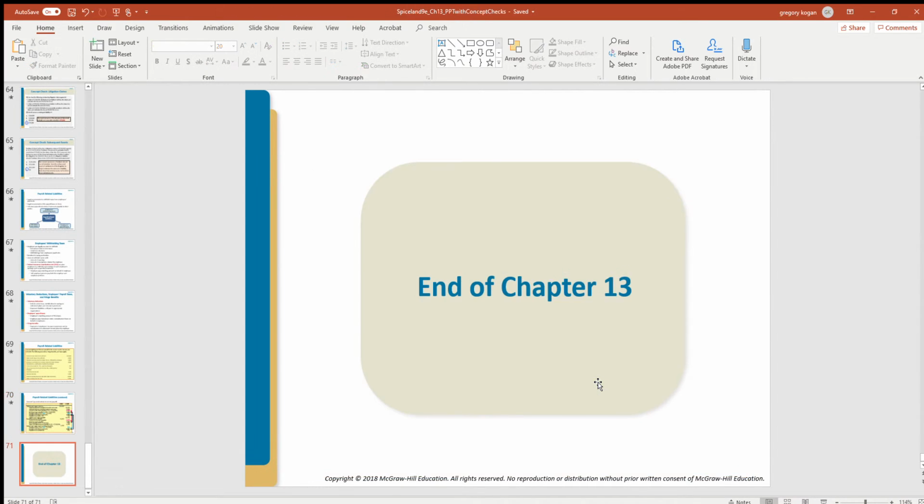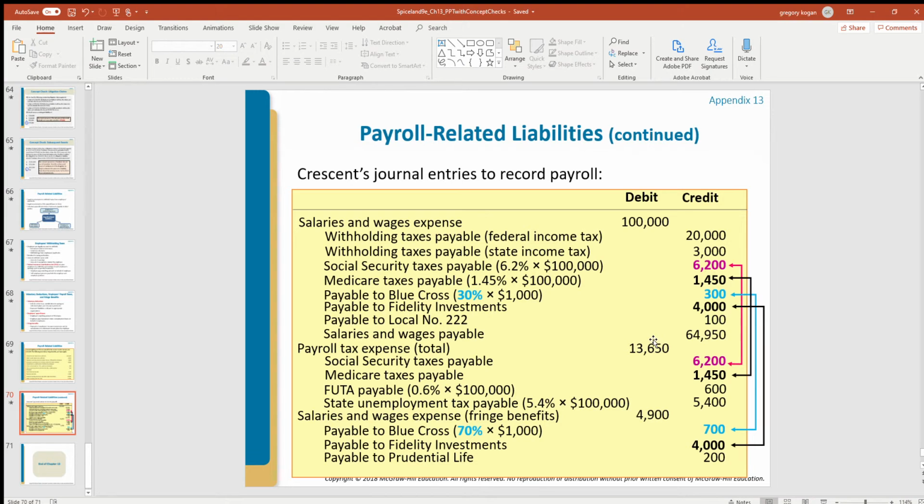And then they're going to have payroll tax expenses, total of 13,650, and we're basically bringing in all these payables that we have for payroll related, the Social Security, Medicare, the unemployment related, and the state unemployment. Okay, and we're putting all that in as payroll tax expense.